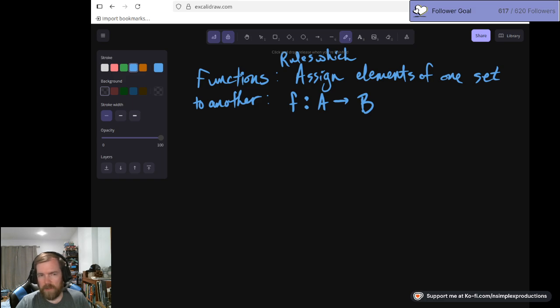Alright, so we have rules which are going to assign elements of one set to elements of another.